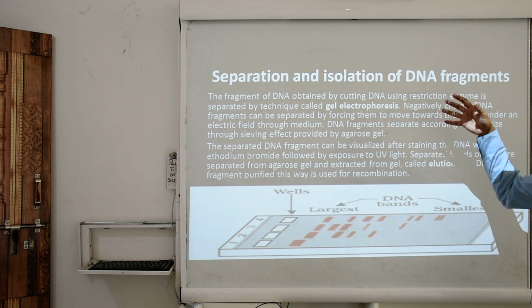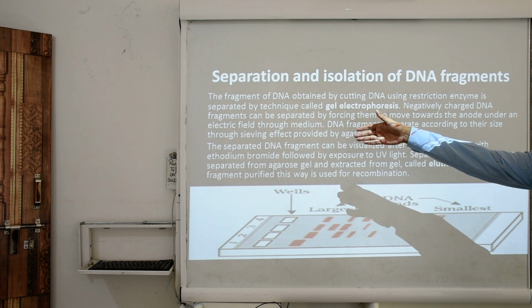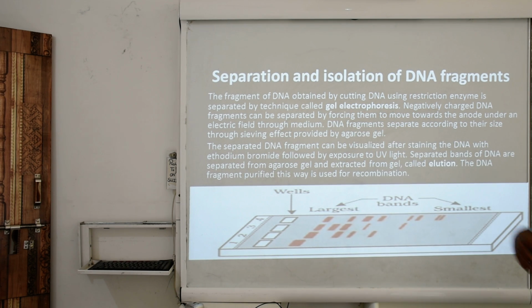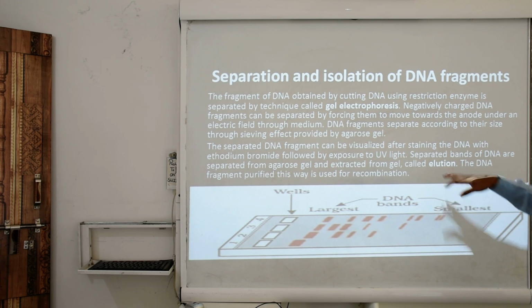When this DNA segment is treated with ethidium bromide and observed under the UV light, it can be clearly seen.